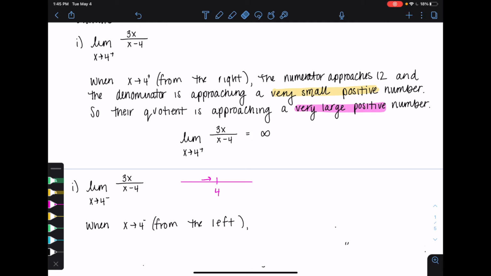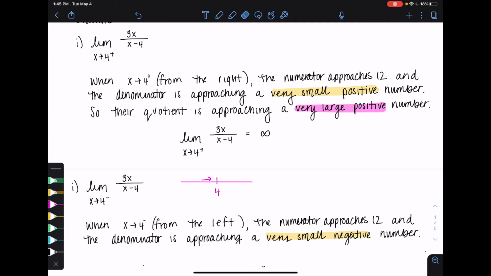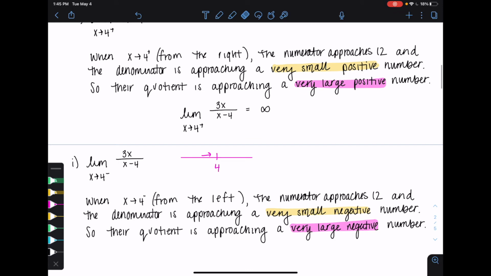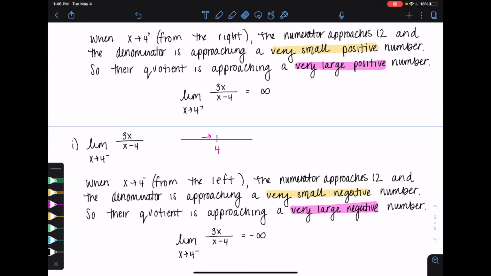So the numerator approaches 12, but the denominator is a very small negative number, so the quotient would be very large negative as well. 12 divided by negative 0.00001 is a ridiculously large negative number. So ultimately, this limit would equal negative infinity.